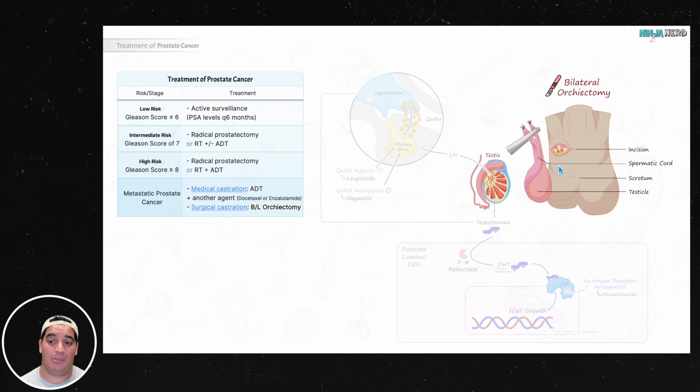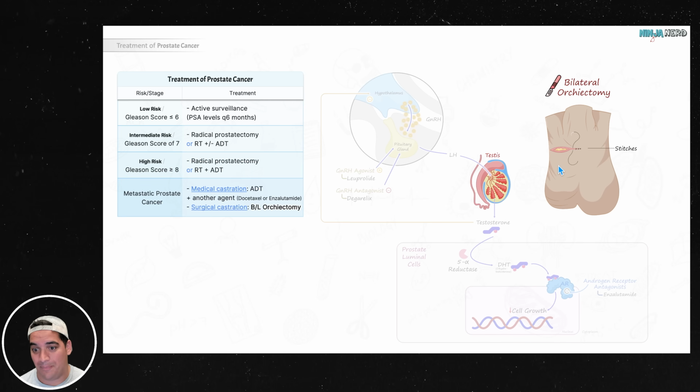Now you don't have the ability to make testosterone anymore. Once you've done that, your testosterone sources are going to go away, and you're not going to allow that prostate gland to continue to keep growing aggressively. So that's what we would consider. And it's really only something that we do if they truly can't tolerate the androgen deprivation therapy, or they absolutely are non-compliant with it. They just will not do it. That would be an option if they really want to take care of their prostate cancer.